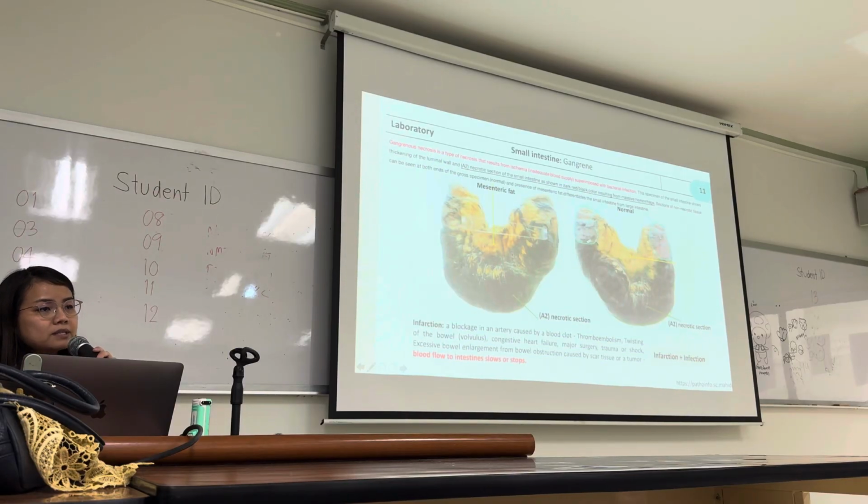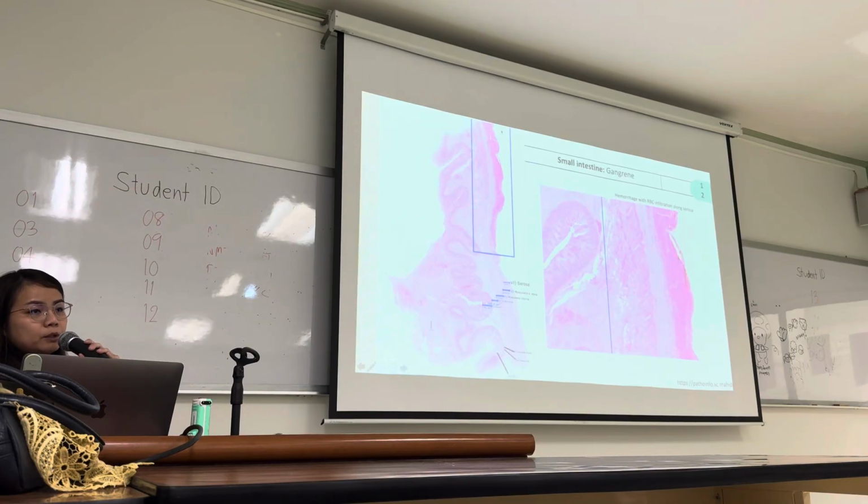Here is the serosa. The serosa is the surface that's outside. The lumen side we call the mucosa. That's why you expect that at the serosa side you may see hemorrhage. And here, hemorrhage here. As I told you, right here is the lumen, so it's the mucosa side, and also outside here is the serosa.